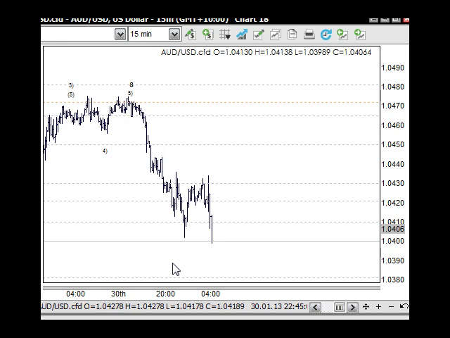So we've got a weak commodity dollar, and this would only be bullish if this top got taken out here.